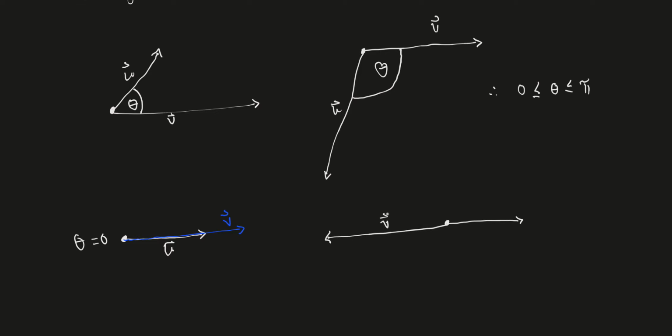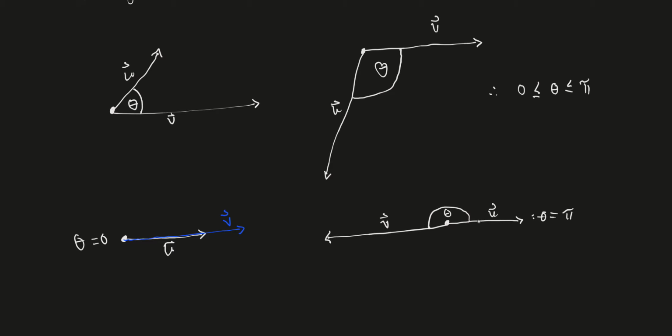So you'd have a V there and your U there, and then this would be your theta, again going counterclockwise, right? So this would be when your theta is equal to pi.